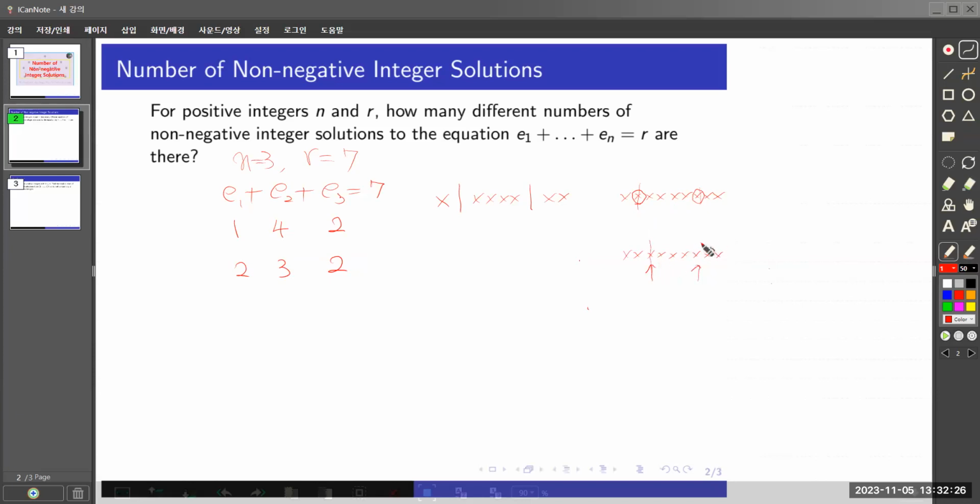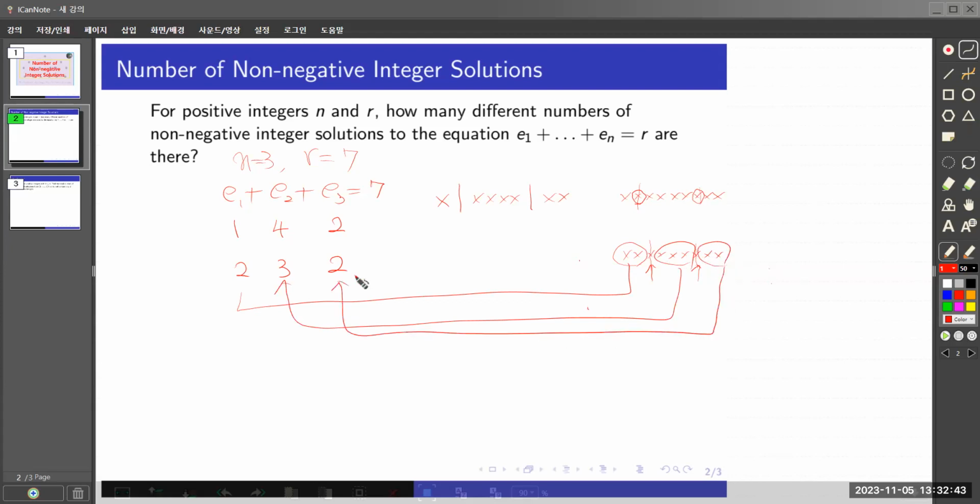Those 2 x's can be played like bars. So in the first box, we have 2 x's, then 3 x's in this one, and 2 x's in here.